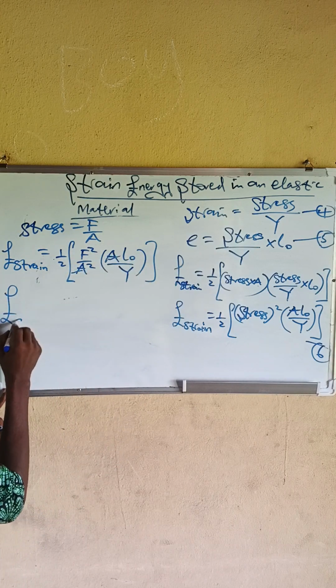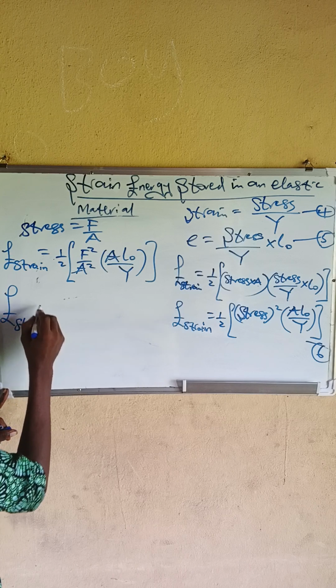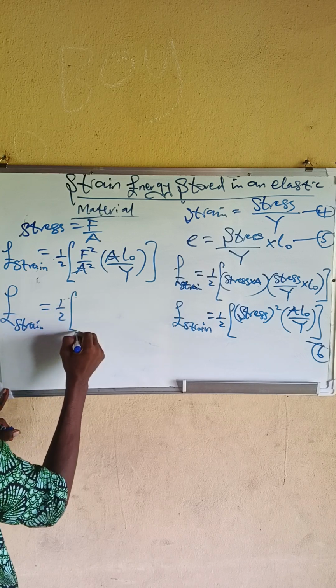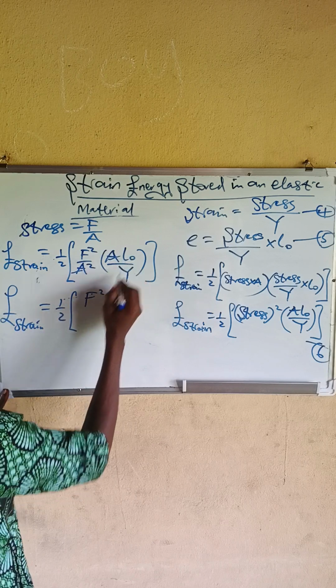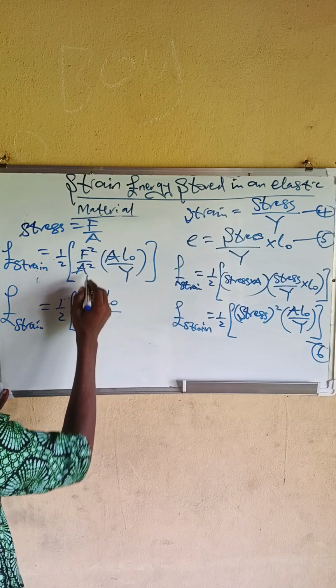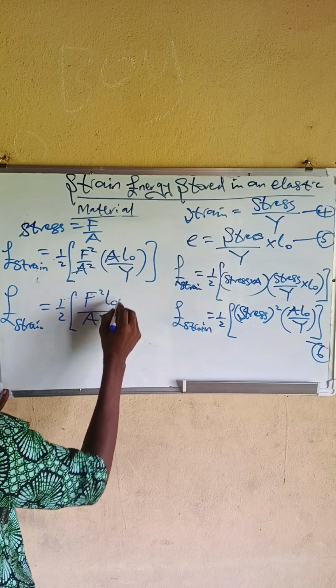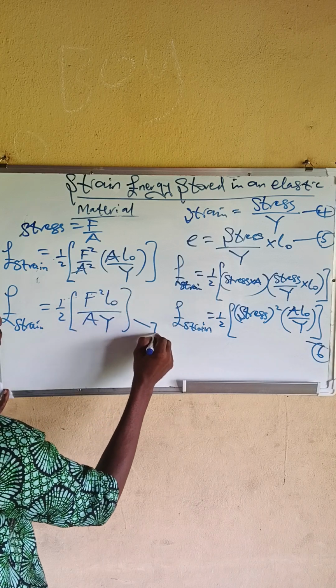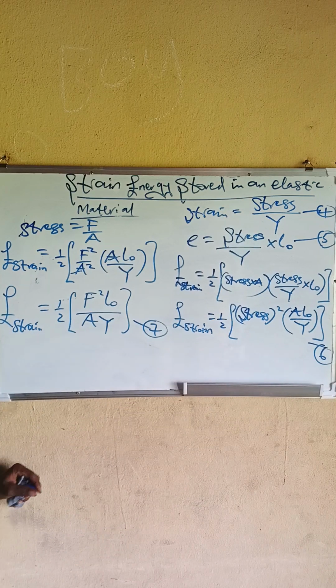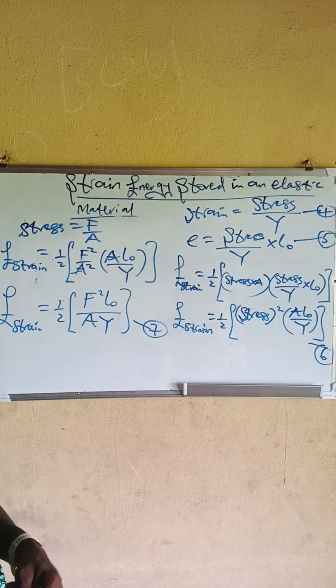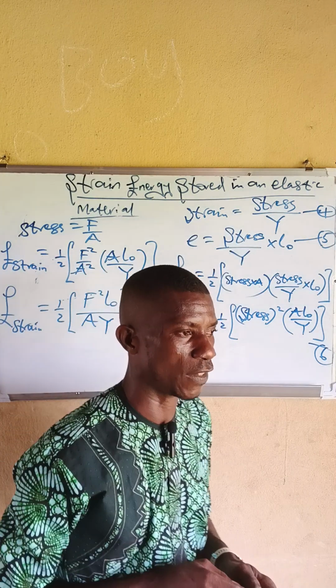You now have strain energy equals half into F squared L0 over A times your modulus. Call this equation 7. Equation 6 and equation 7 are the strain energy stored in an elastic material.